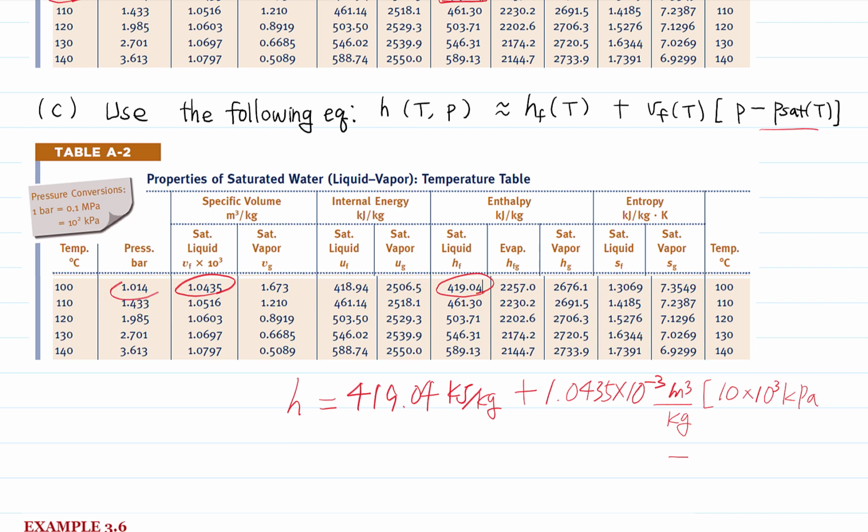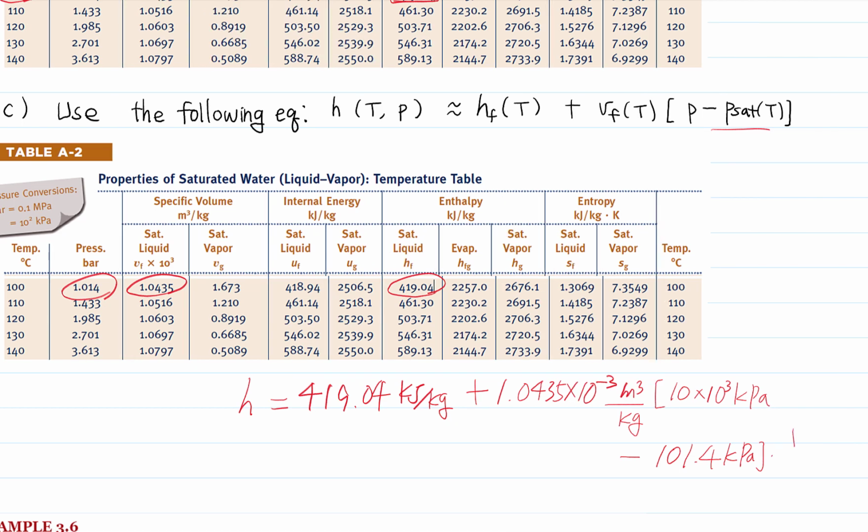Saturation pressure is here, 1.014 bar or 101.4 kPa. And multiply by 1 kilojoule per kPa times cubic meter, giving 429.37 kilojoule per kilogram.